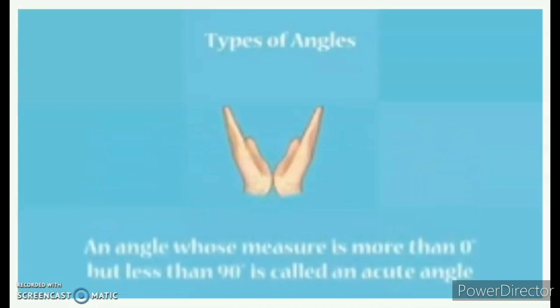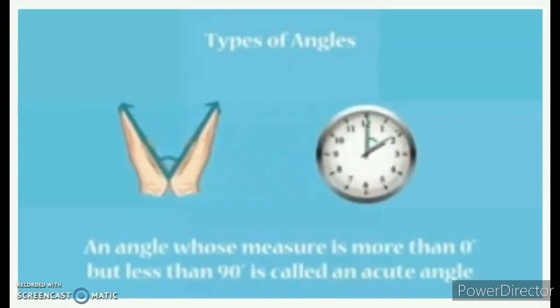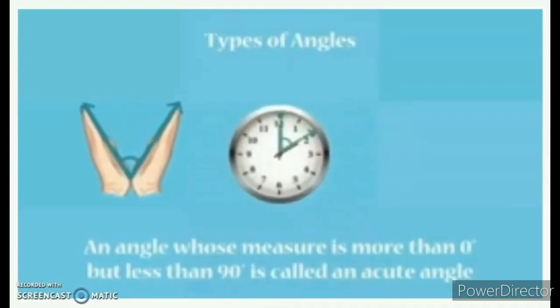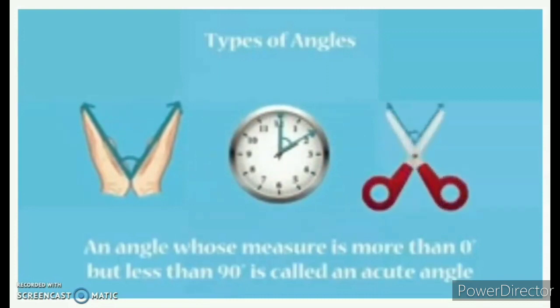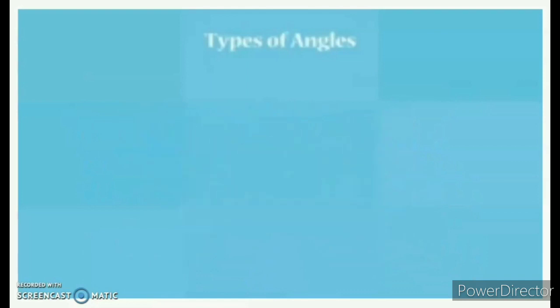Got it children? Try to form a small V using your palms. It's an acute angle. Hands of a clock at 2 o'clock form an acute angle. Blades of a scissor are also an acute angle.